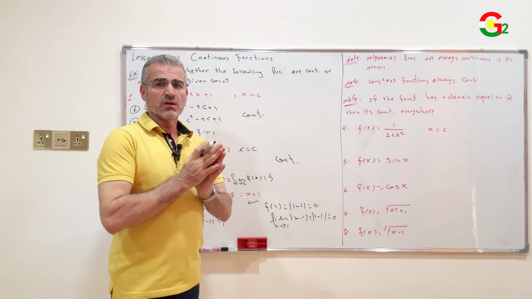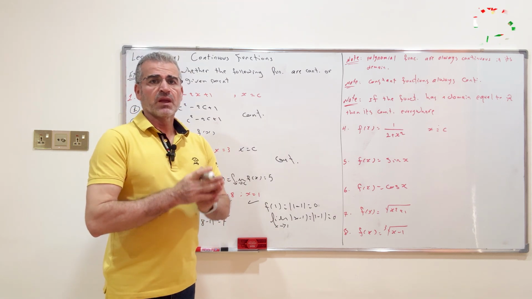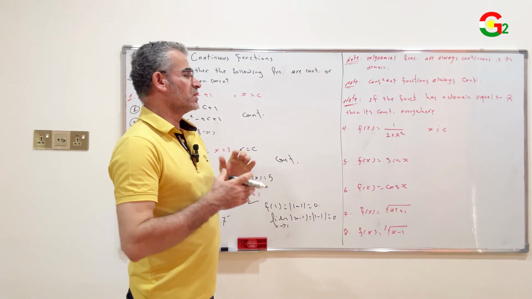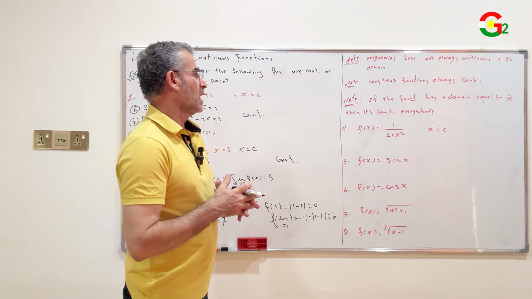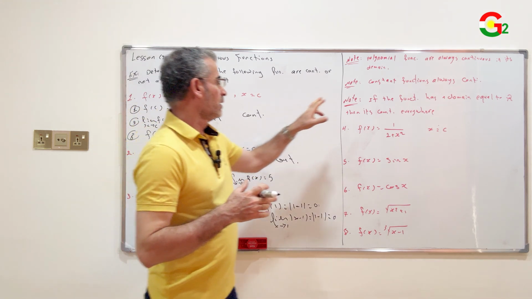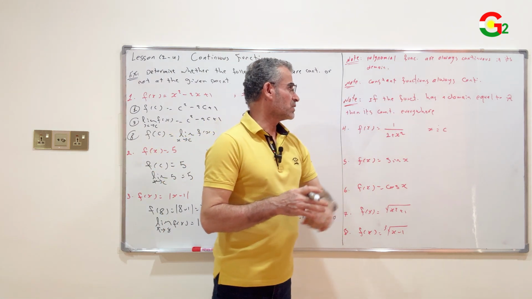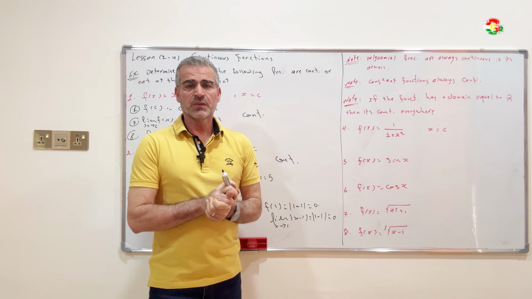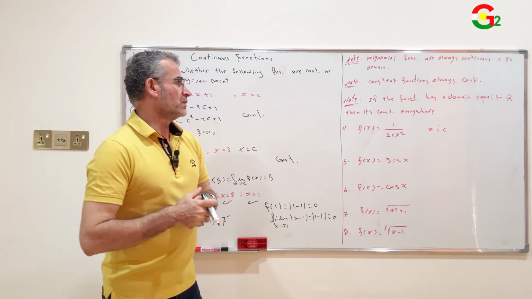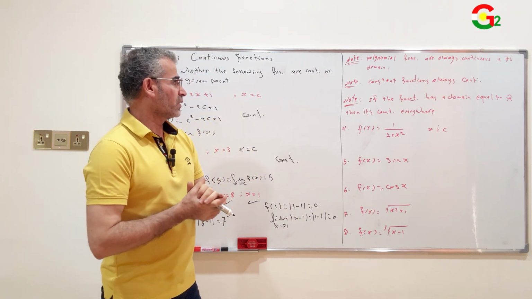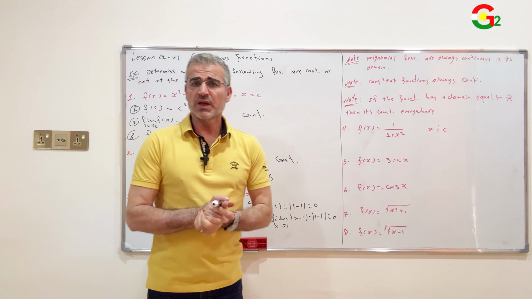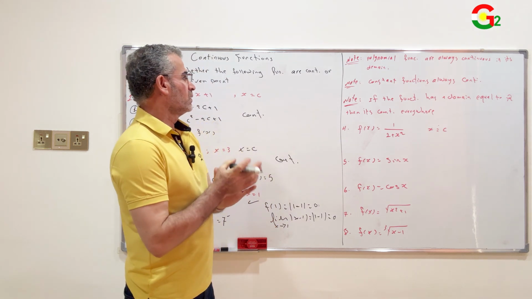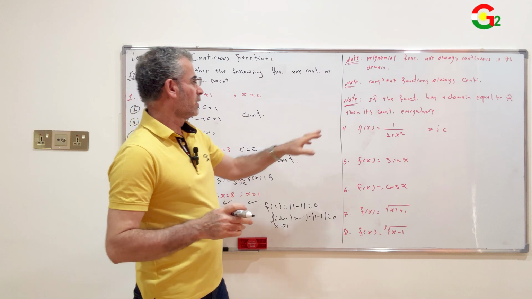Whenever you see a polynomial function, this function is continuous everywhere because its domain is R, all real numbers. Also, constant functions are always continuous because a constant function is a polynomial of degree 0. Therefore, the constant function's domain is R and it is always continuous at all real numbers.